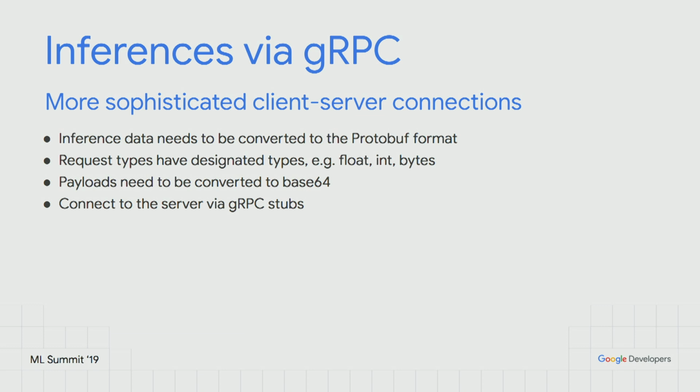In this case, you would convert your samples into a protobuf format, and you define your data structures of the input field. So you basically say, this input is a string, this input is a float, et cetera. Then you convert them into base 64. After you create an RPC stub, you have all these RPC methods, and then you can infer the data from the RPC service.